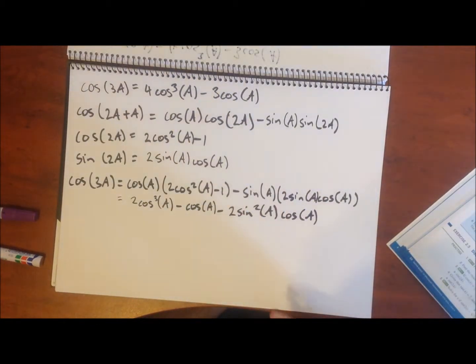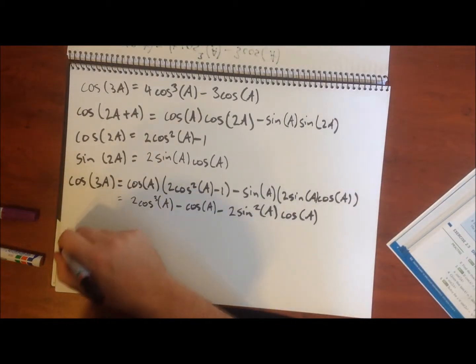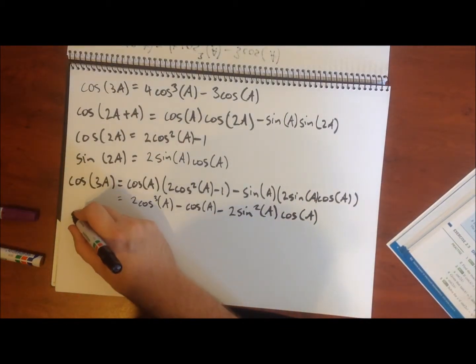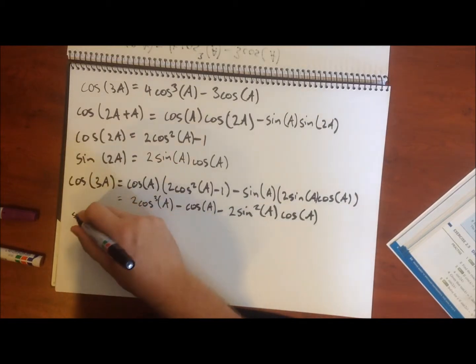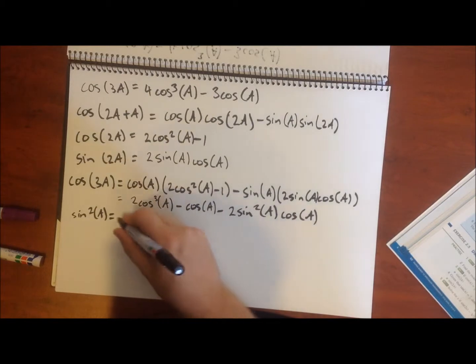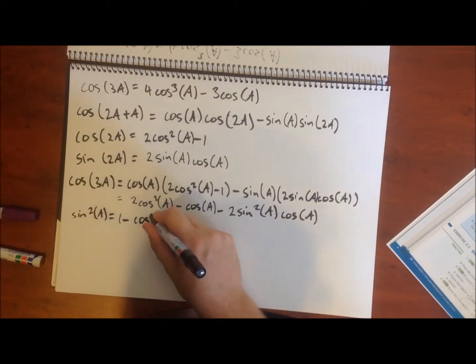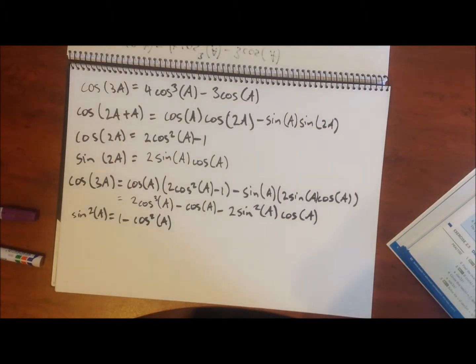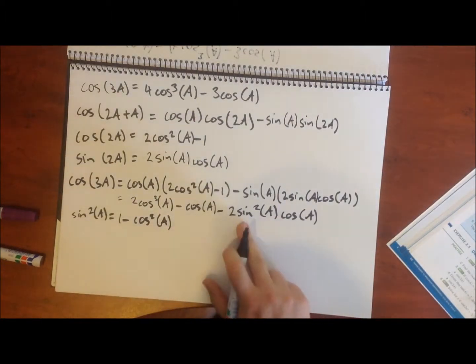Okay, and then we know that sine squared of A equals 1 minus cos squared of A. That's one of our identities that we know, and we can put that into here.